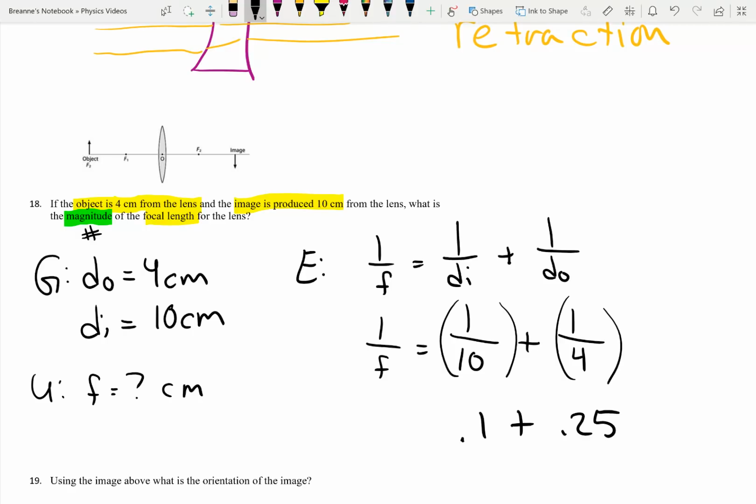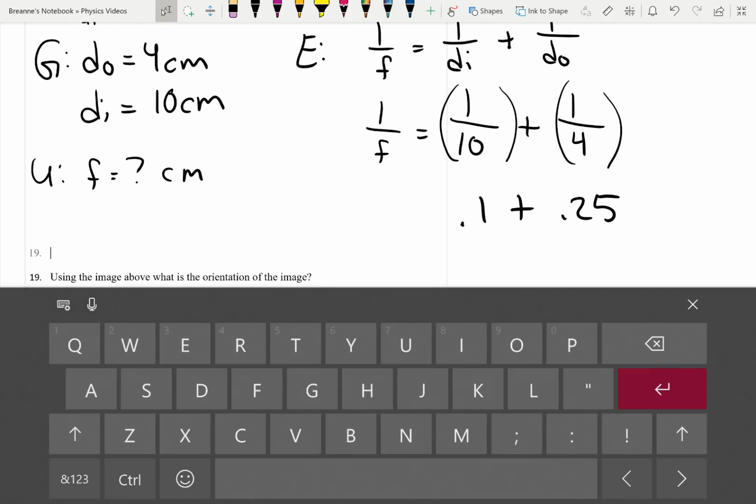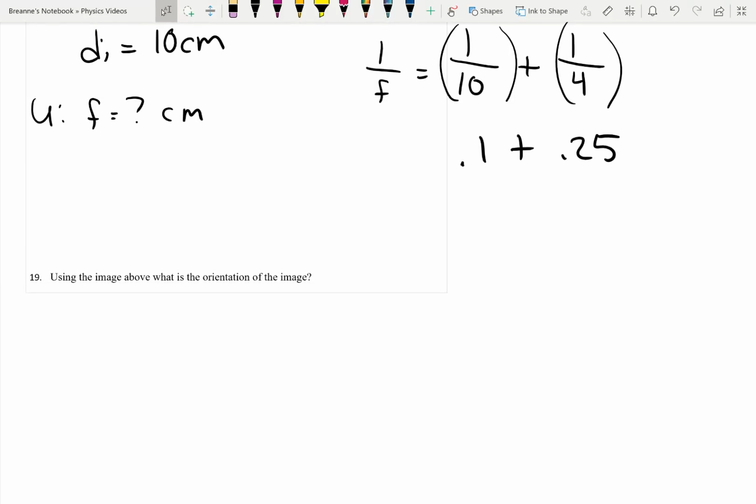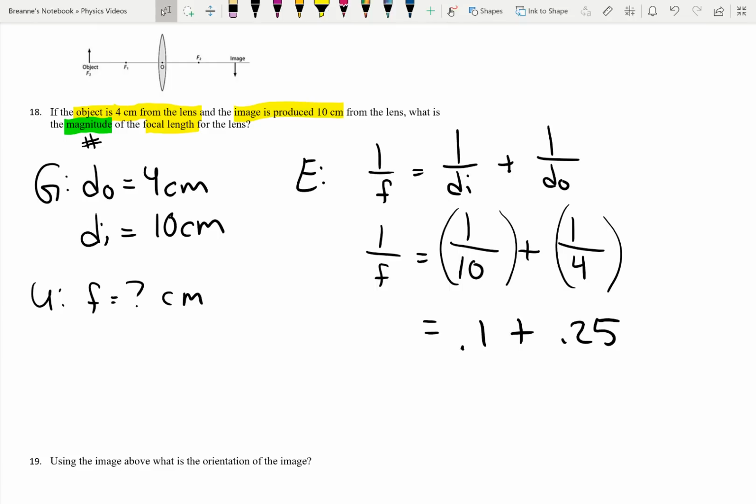You can't just add the 10 plus the 4. That doesn't work. Get the fractions, and then add them. And that will give you 0.35.